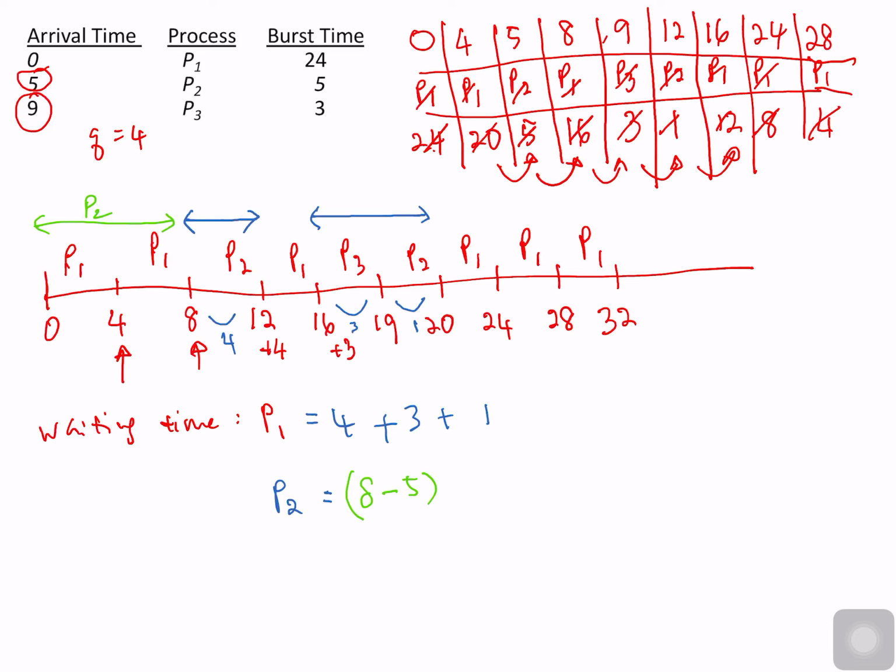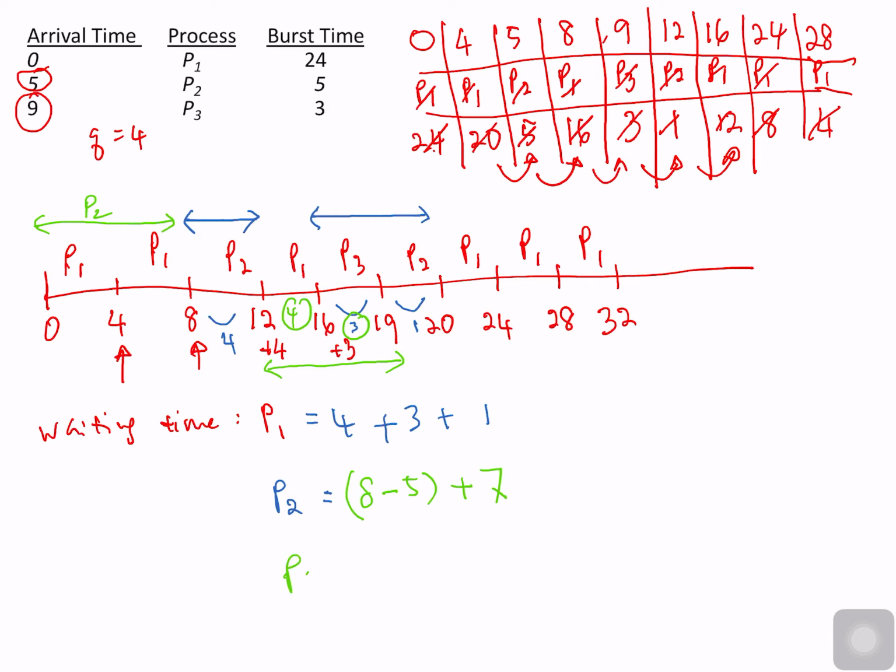And then we can see that P2 waits again at this interval. So this is 4 and 3, so it will be 7.